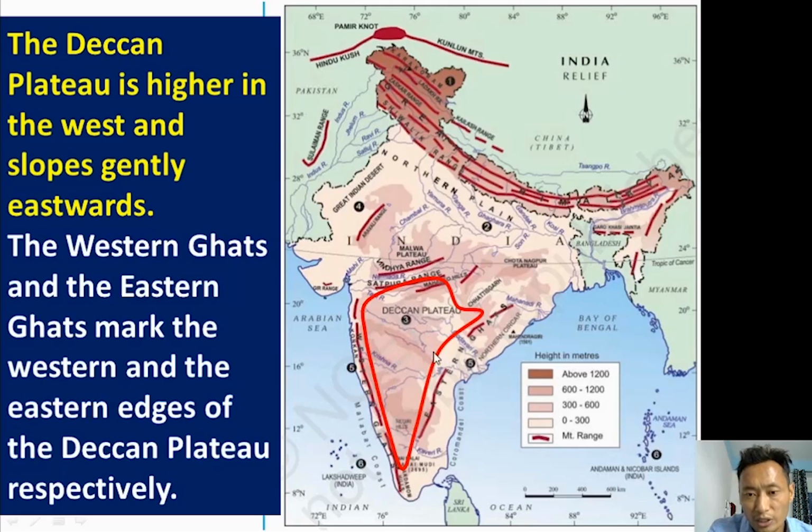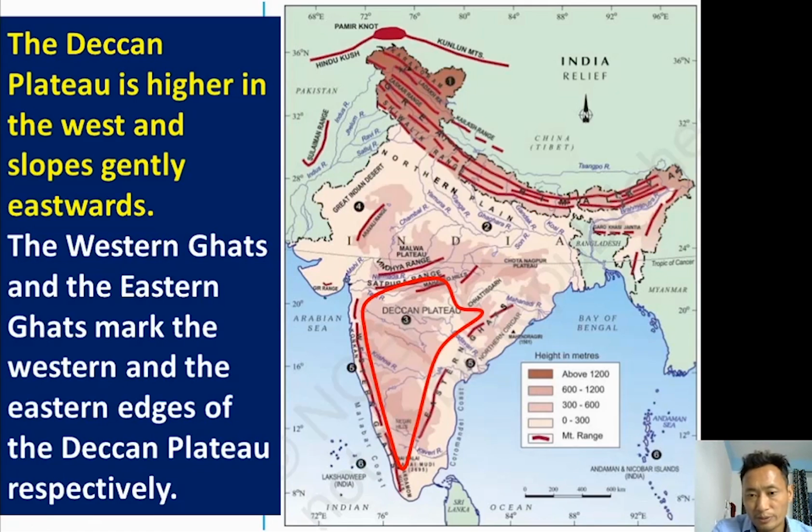How can we know the elevation or the relief feature of Deccan Plateau? By studying the map. Dark brown shows height above 1,200 meters above sea level, and the light shaded one is between 600 to 1200 meters above sea level.